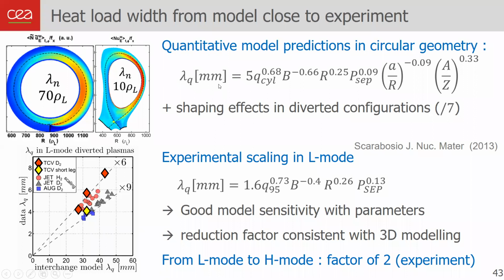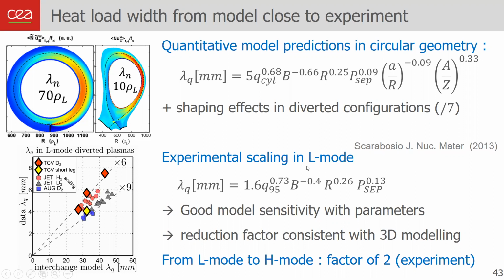Now I turn the model into an engineering scaling law with cylindrical safety factor, magnetic field, major radius, power crossing the separatrix, and so on. We saw also from 3D simulations that shaping is important, and this may bring a factor of maybe 7 to this scaling. So let's assume you can add this reduction or mitigation effect from shaping without changing the sensitivity of the model.